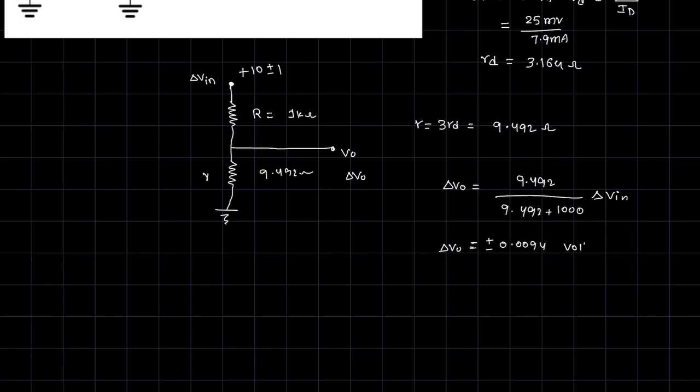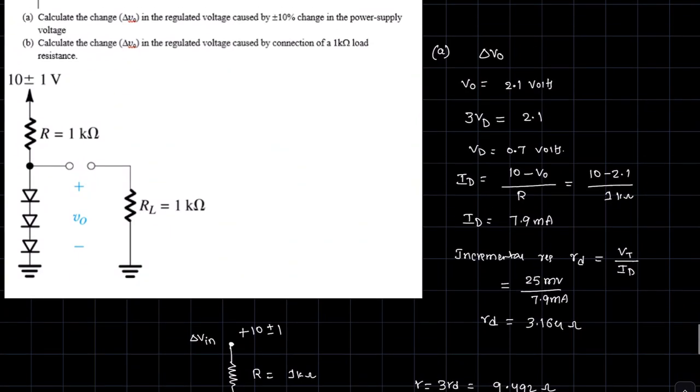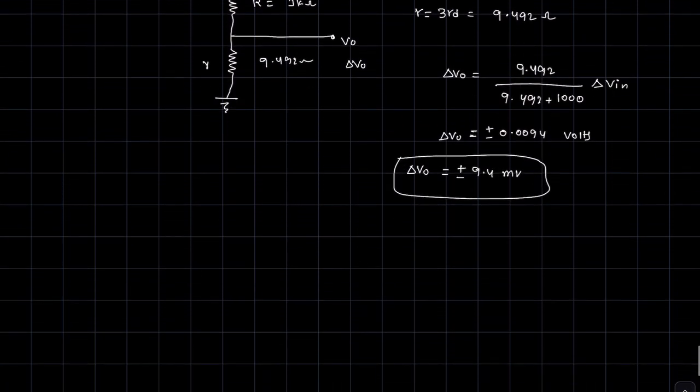So delta V naught is 9.4 millivolts in either direction. If the input voltage is increased by 1 volt, the output voltage increases by only 9.4 millivolts, which is very little. In this way the circuit can act as a voltage regulator, because the change in input voltage is highly suppressed in the output voltage.